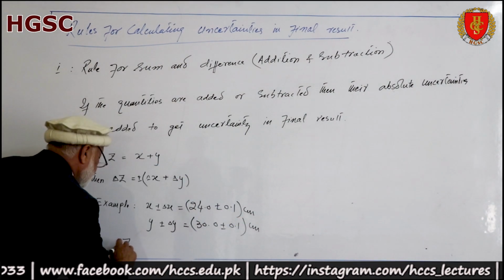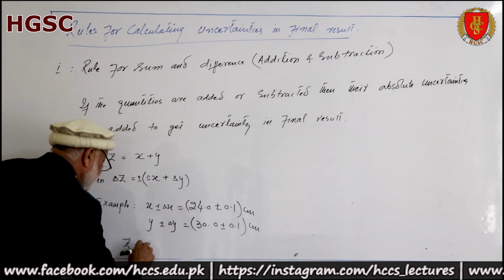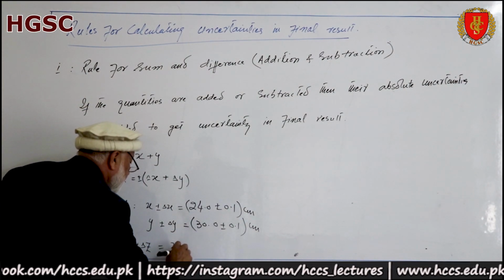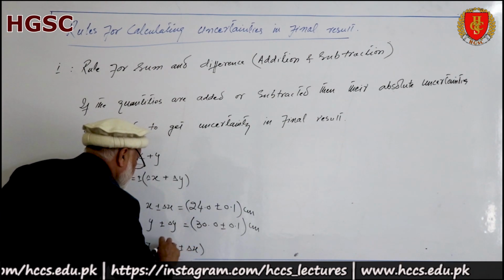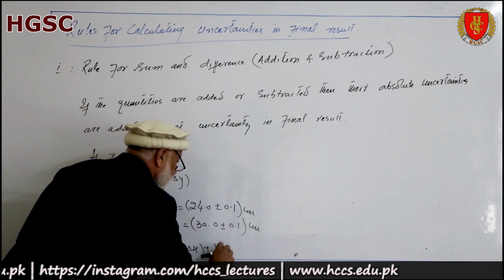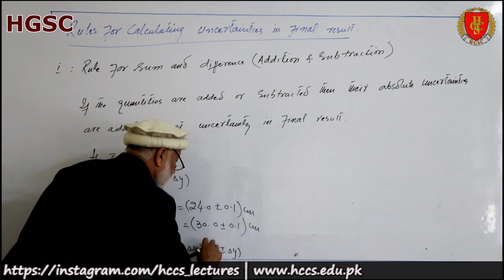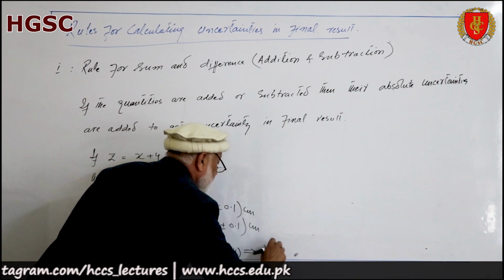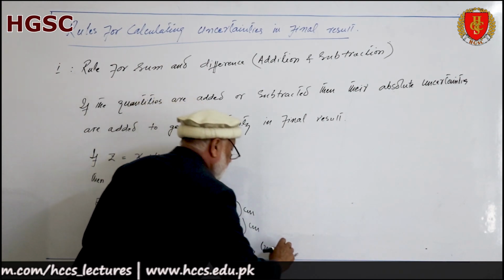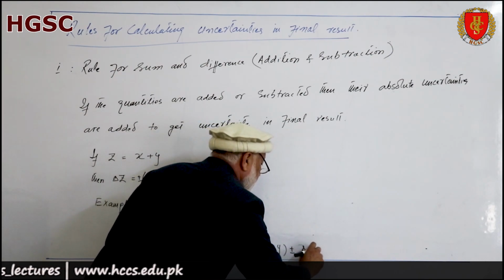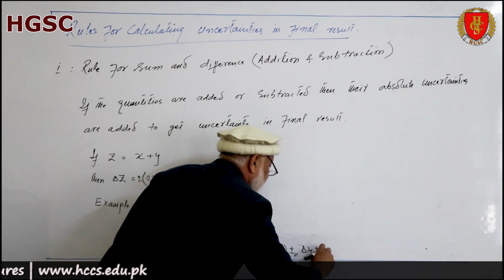Then z plus minus delta z is equal to x plus minus delta x plus y plus minus delta y, which is x plus y, plus minus delta x plus delta y.